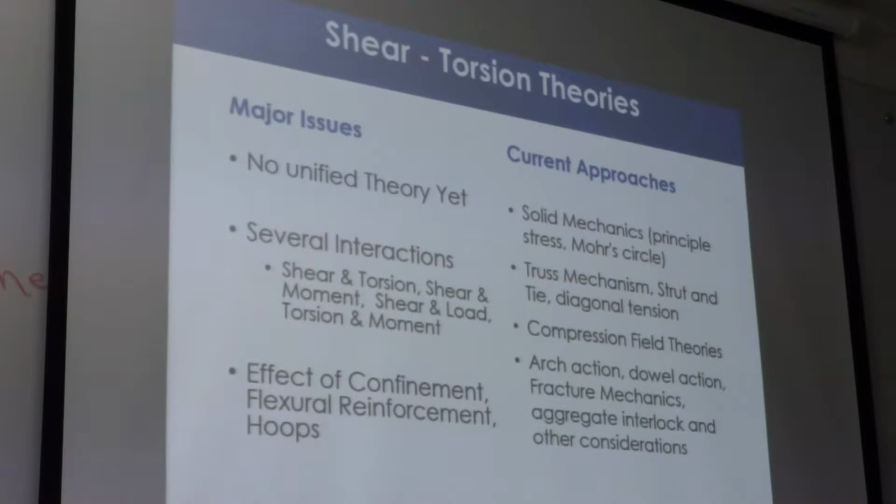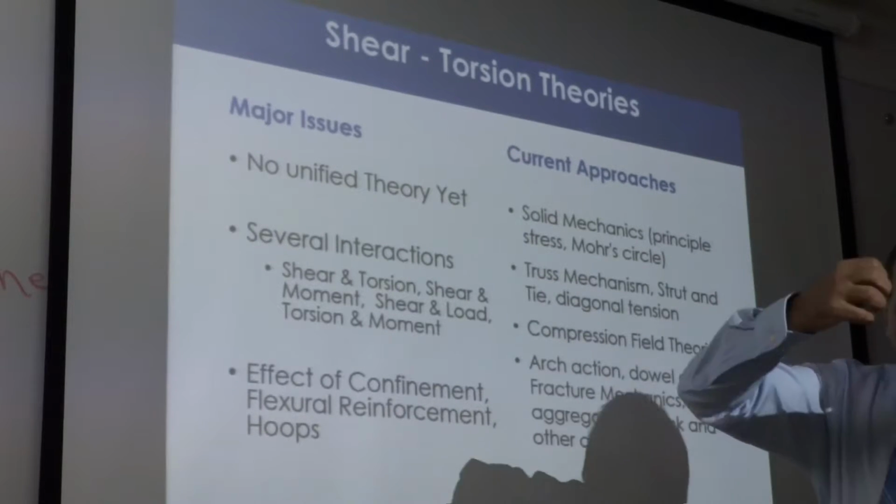So one reinforcement serves many purposes. We don't know which part is for confinement, which part is for torsion, which part is for shear, because we have them all coming at the same time. So one reinforcement serves 3 or 4 purposes. How do we know which part of the reinforcement is doing what? Or how do we combine those reinforcements together so they serve all the purposes?